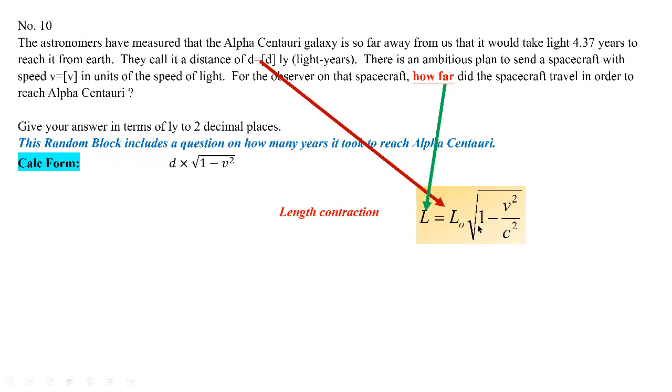It is L0 times the square root of 1 minus v squared over c squared. And in this notation, L0 is d. And again, because you have measured the speed in units of the speed of light, v over c becomes just v. All right? Is this okay with you?